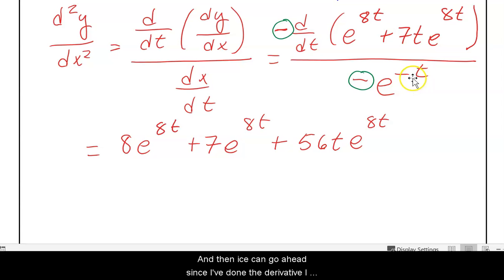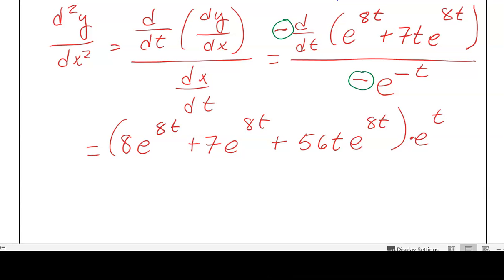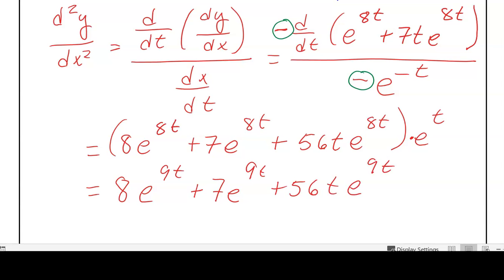And then I can go ahead, since I've done the derivative, I can think of this being lifted to the numerator and rewritten as e to the t, and it's being multiplied. Once I have that, one base, same base, you add the powers. So this will give me 8e to the 9t plus 7e to the 9t plus 56t e to the 9t.